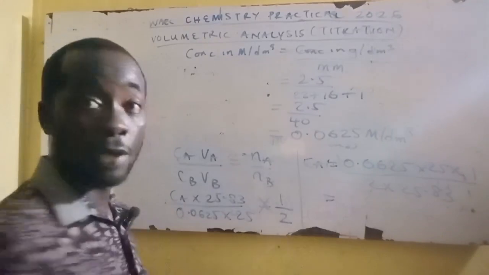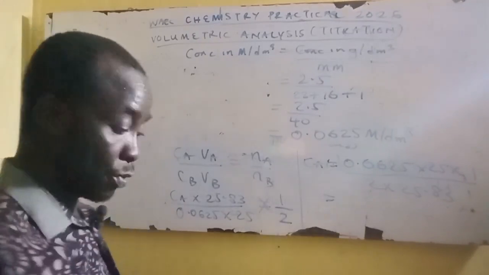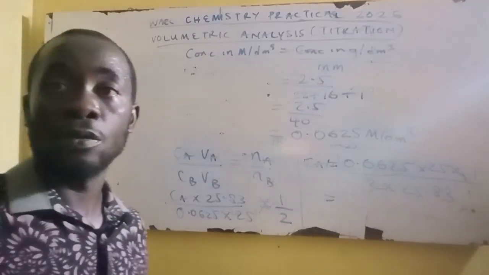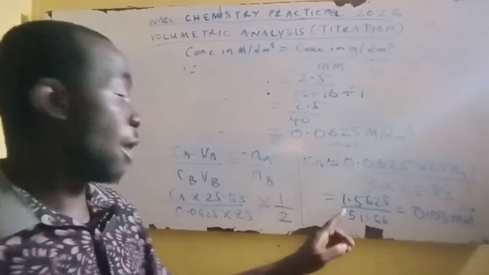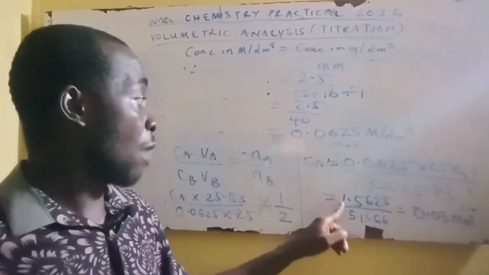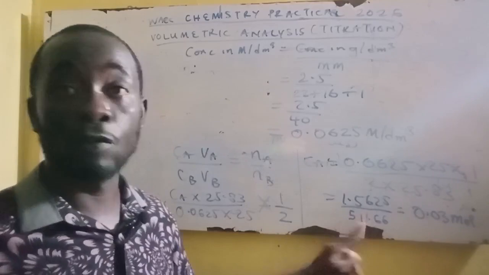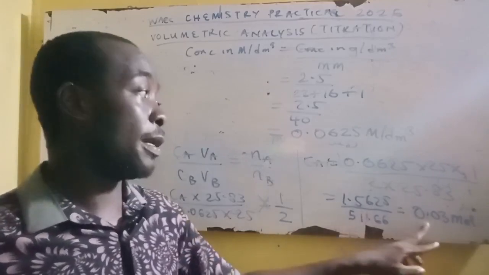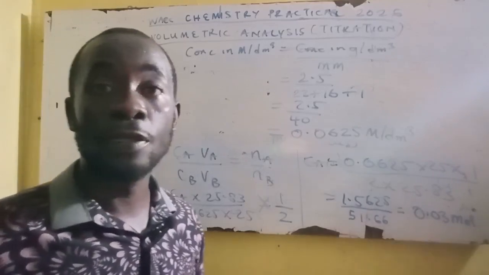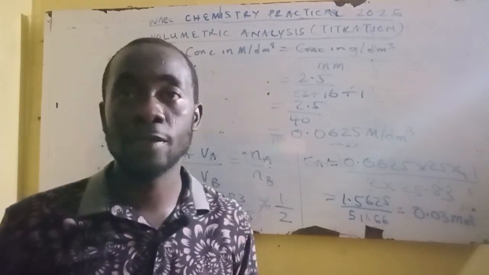Now, how do we get the answer? The answer is 1.5625 over 51.66, and you have 0.03 mole per dm cube. That's the answer.